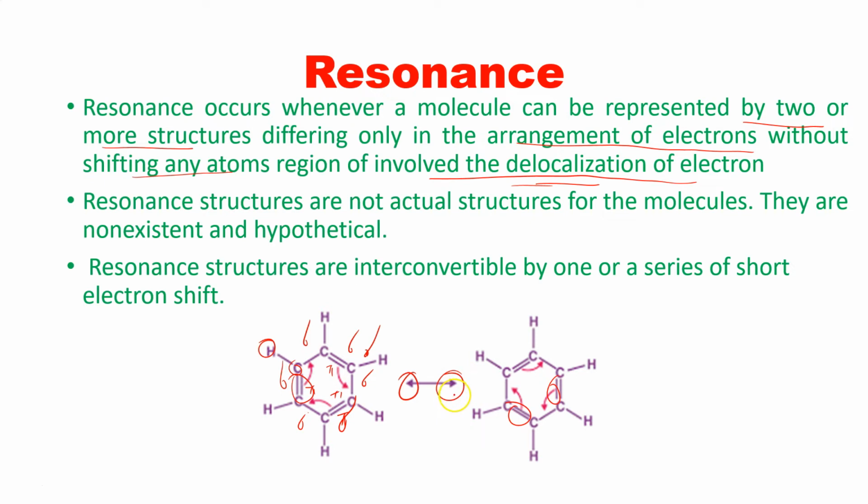There are two hypothetical structures of it, and the actual structure of the benzene ring is such that electrons are distributed in a hybrid form. This has been confirmed by spectroscopic studies, that the distance between each carbon and carbon is similar in the benzene ring.